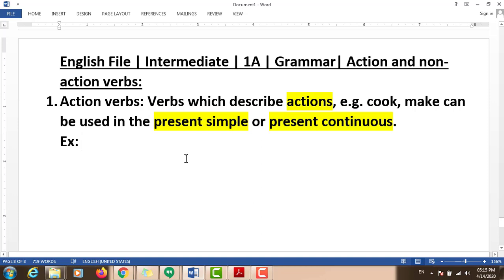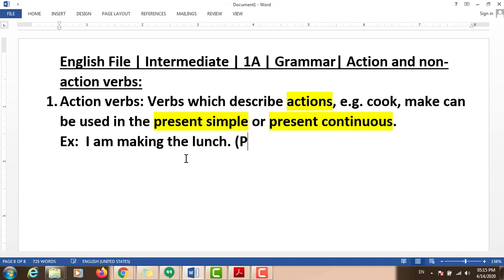So for example, let's take an example. If I want to use present continuous, I'm making the lunch. I'm making what? The lunch. So here it's what? Present continuous.